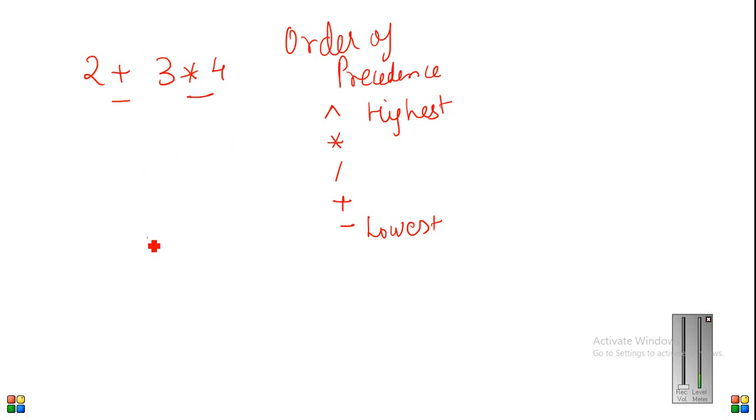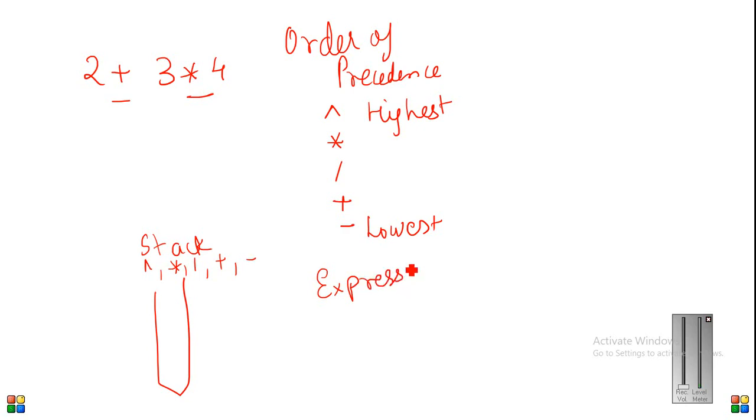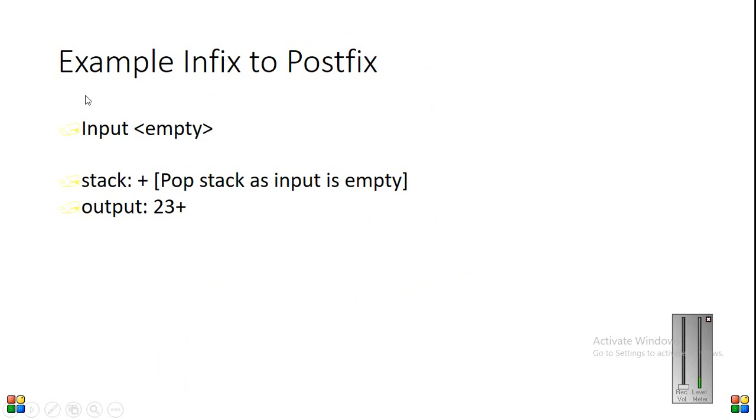So again I will have a stack that has only operators, and then the expression.